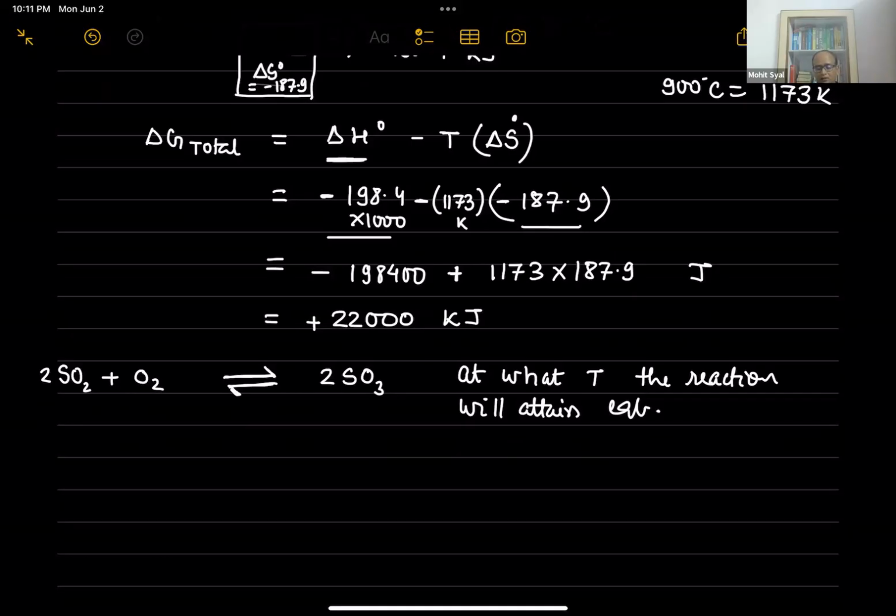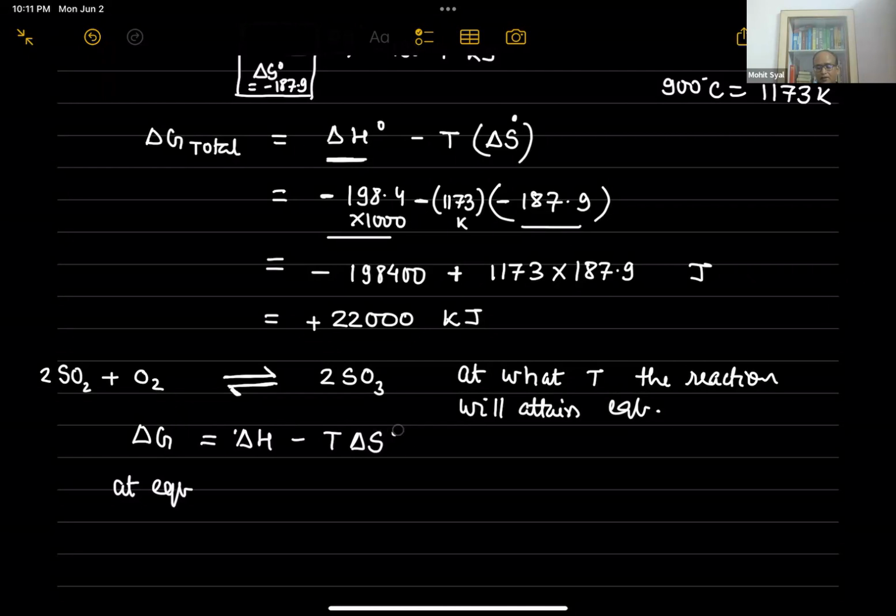So how are you going to apply the equilibrium condition? We know. So you are going to write at equilibrium, you are going to make it 0, right?